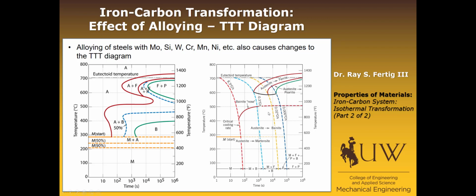I think this one is 4340 steel. That concludes the discussion on iron carbon phase transformations. Now that we know about these phase transformations, we're going to start talking about how we can use them to do thermal processing of steels to create the kind of properties that we want out of our steel alloys.